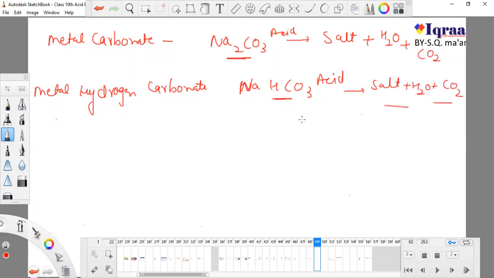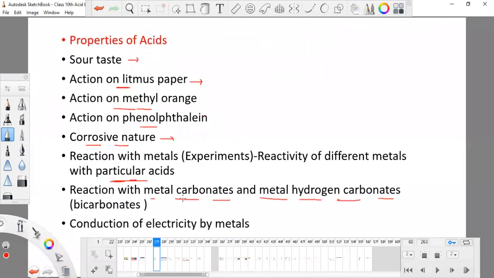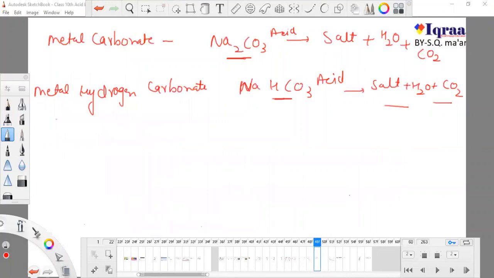Okay, so the reaction of acid with metal carbonate or metal hydrogen carbonate, which is also known as metal bicarbonates, whatever you use, the formula will be same. It will give us salt, it will give us H2O, and it will give us carbon dioxide.